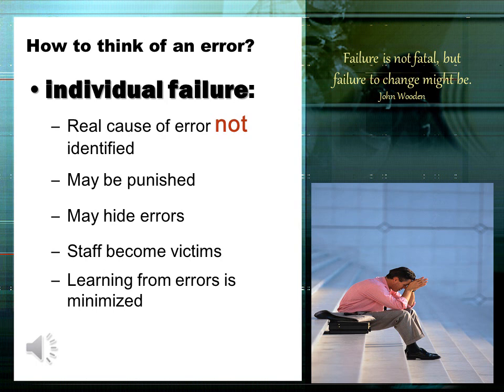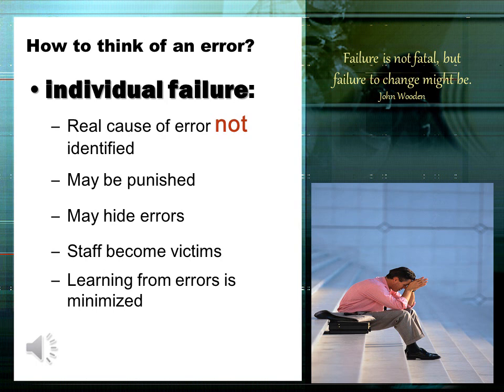safer. Another concern with thinking of it as an individual failing is that staff may feel punished, or they may be punished, if they make a mistake that leads to patient harm. That may lead staff to hiding errors or hiding mistakes that are made, and the staff become the victims because they are working in an environment where the medication use system cannot be changed or will not be changed because people are hiding errors, so they're never brought to the light to really be investigated so that we can change the system.